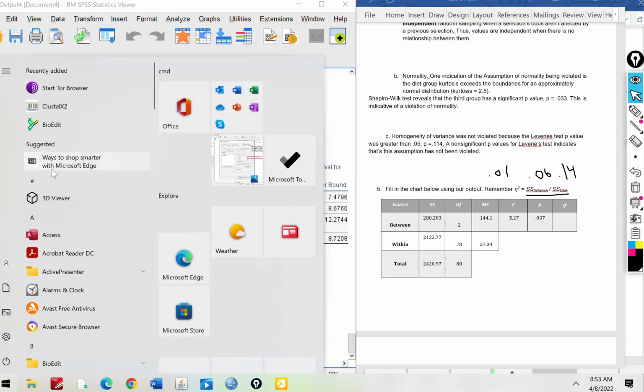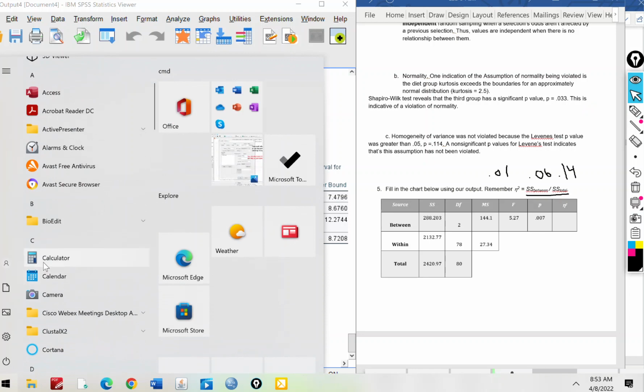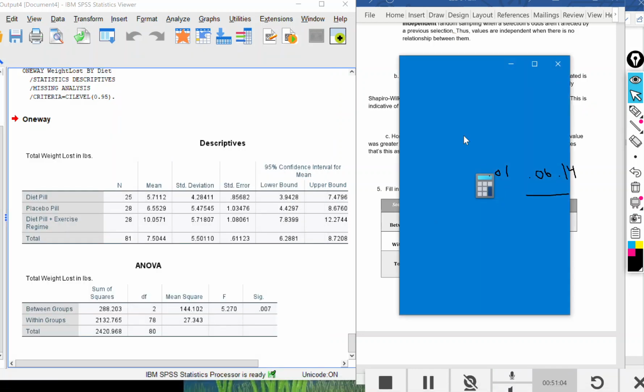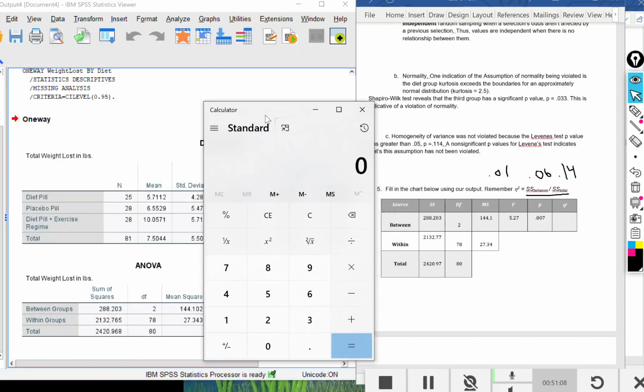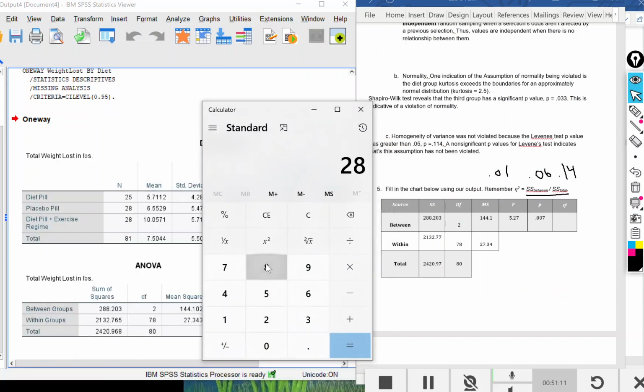And if I was to use my handy dandy calculator, go into here, I'm just going to divide 288.203 by the sum of squares between, divided by the total, right?